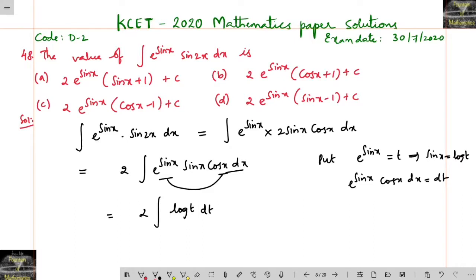So what is integration of log t? Integration of log t is nothing but, let me write here, integration of log x is equal to x log x minus x plus c, so I can use the same, 2 times of t log t minus t plus c.